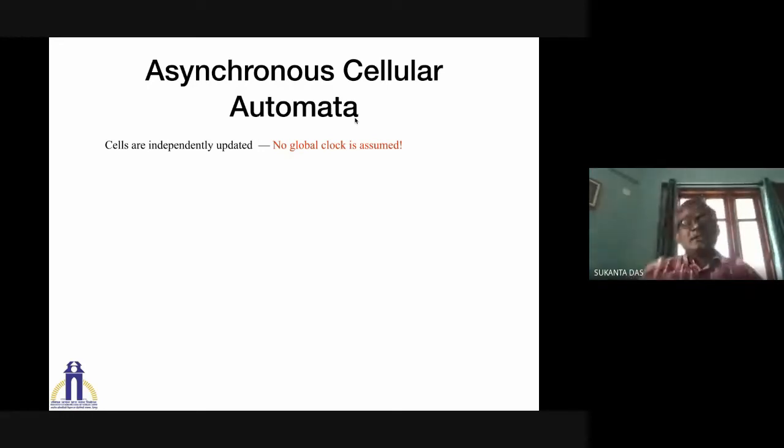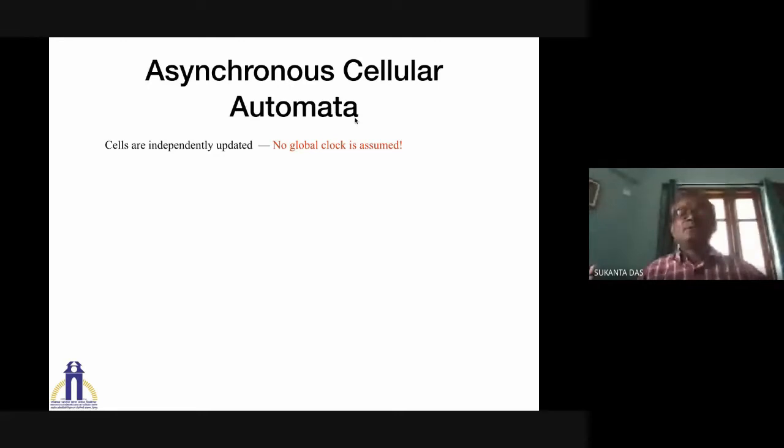A global clock is there, and when the clock comes, all the cells are updated.